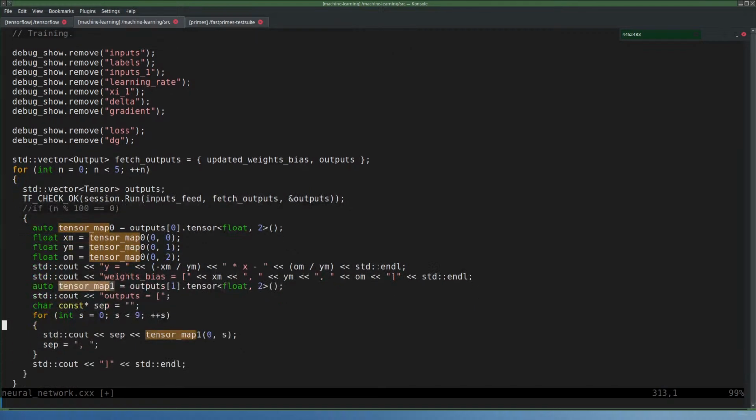Did I get this one right? Well, 0 there, then it means it's just a one-dimensional thingy. It should be, but I don't know what the shape is actually of outputs.